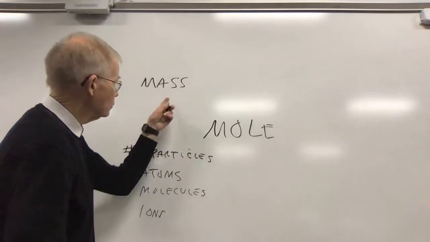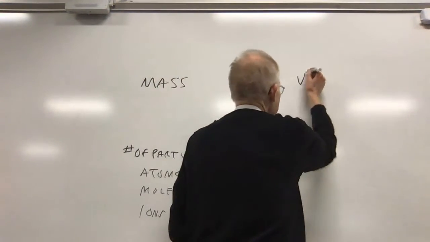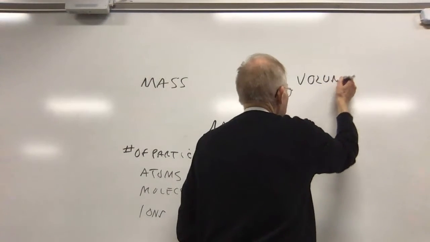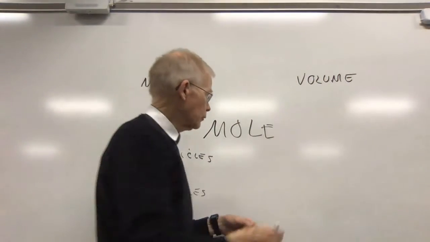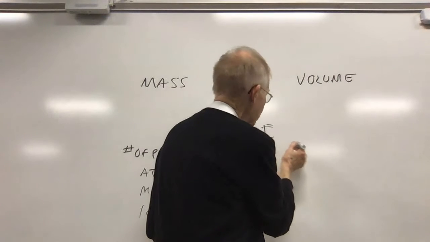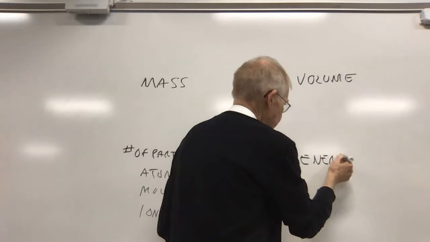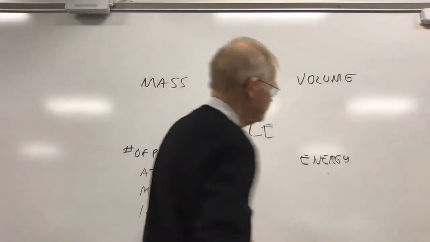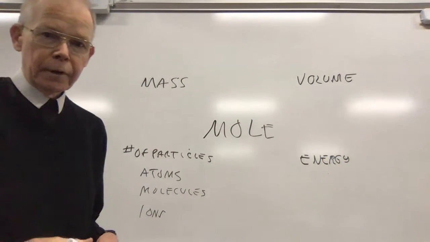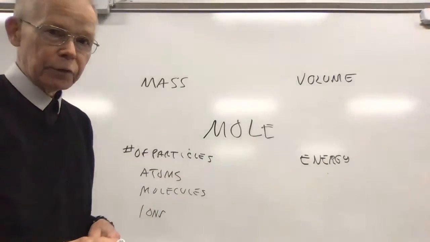So I got mole, mass. Over on this far side, I'm going to put volume. And then down to the right-hand corner, I'm going to put energy. And I'm going to connect all these with a line.